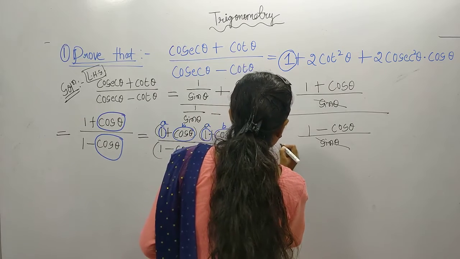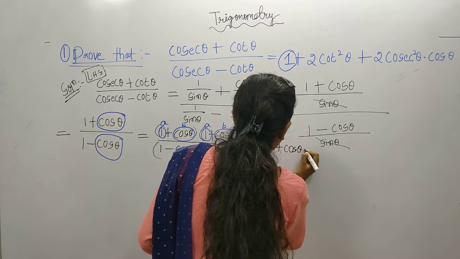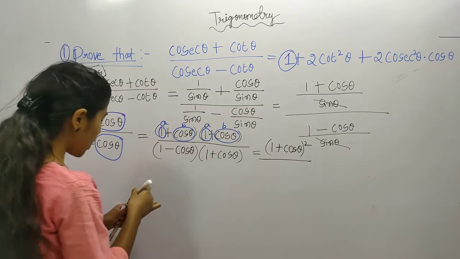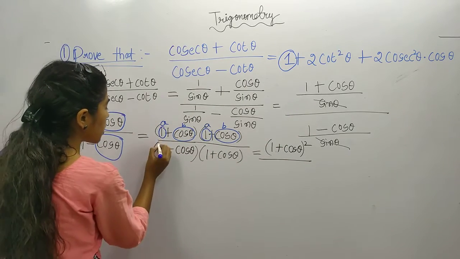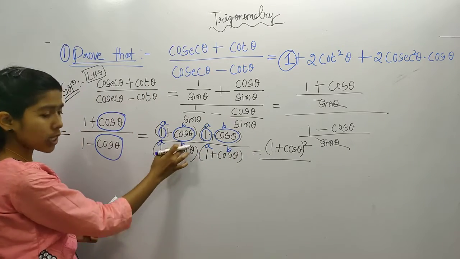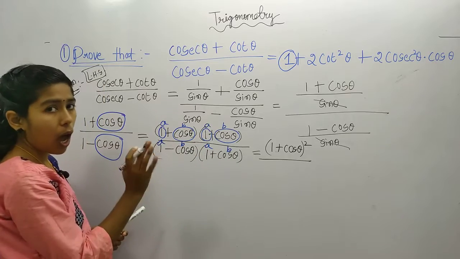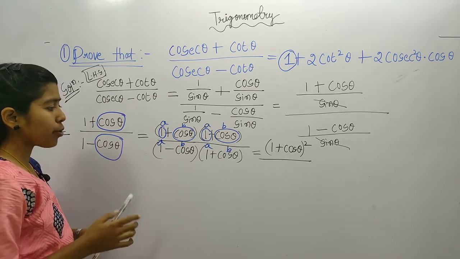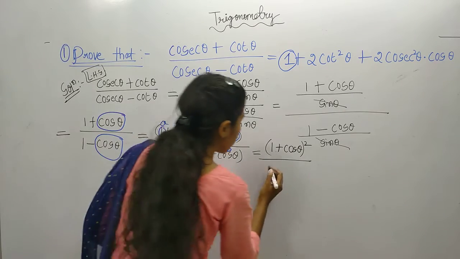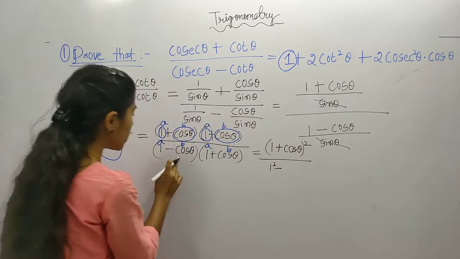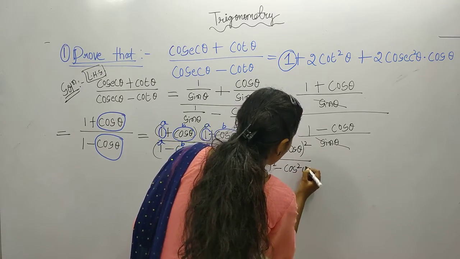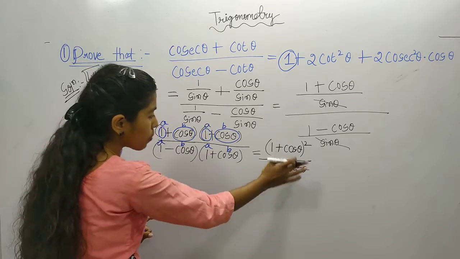It means 1 plus cos theta whole square, divided by A minus B into A plus B. Our formula is A minus B into A plus B equals A square minus B square. A square means 1 square, minus B square means cos square theta.